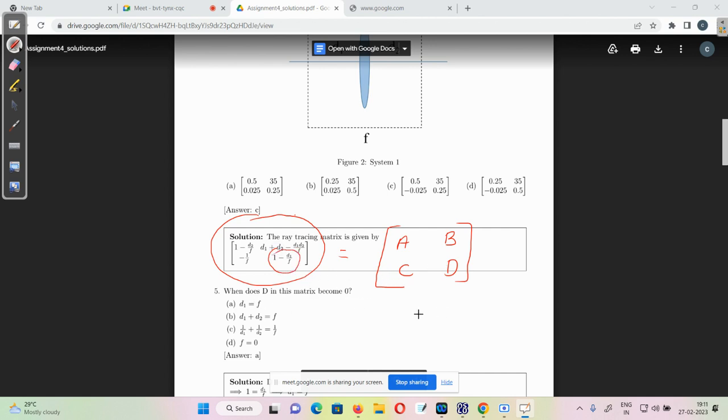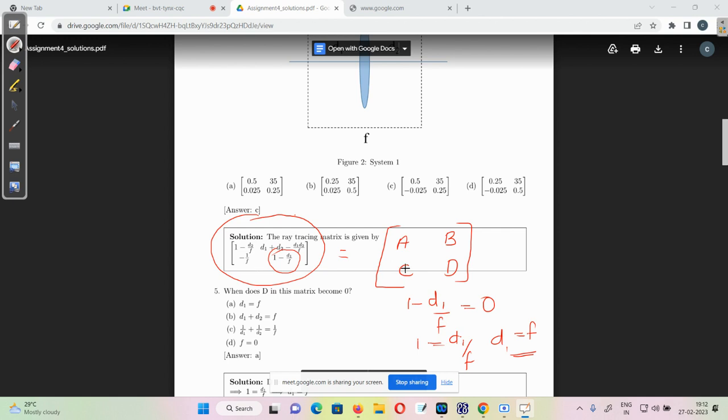So if you want D to become 0, it should be 1 minus d1 by f equal to 0, which implies 1 is equal to d1 by f, so d1 is equal to f. So that will be the answer, option A: d1 is equal to f.